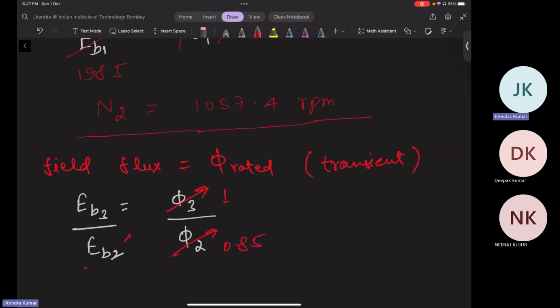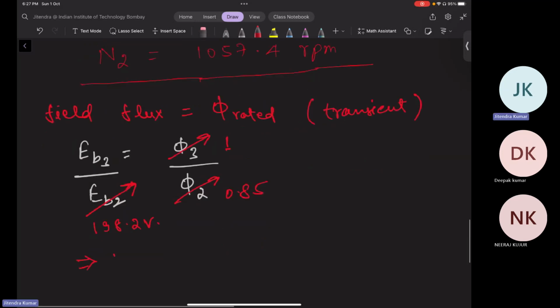EB2 we have already computed, 198.2 volt. Now we have to find out EB3, and if you calculate it, you will get approximately 233.2 volt. So now your back EMF is higher than the terminal voltage.